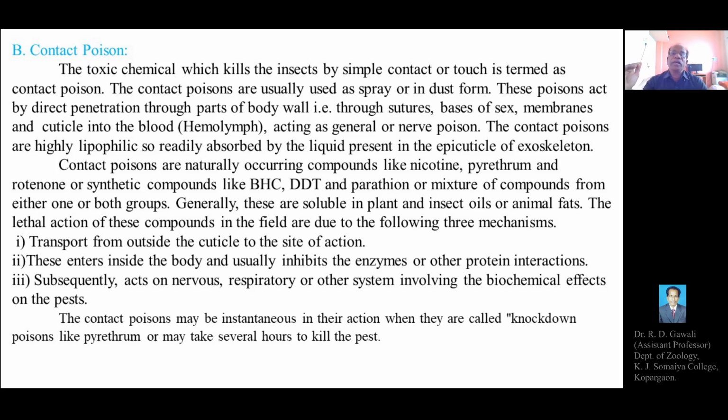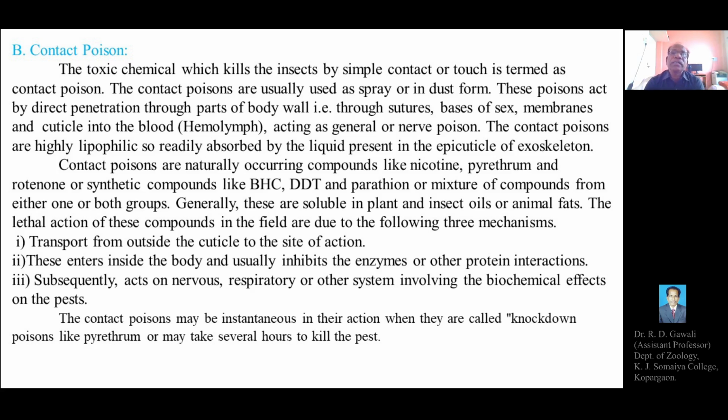Their mode of action is simply through contact. Whenever these toxic chemicals come in contact with the insect pest or any organ of the insect pest, it gets killed. So these toxic chemicals which kill the insects or pests by simple contact or touch are called contact poisons.